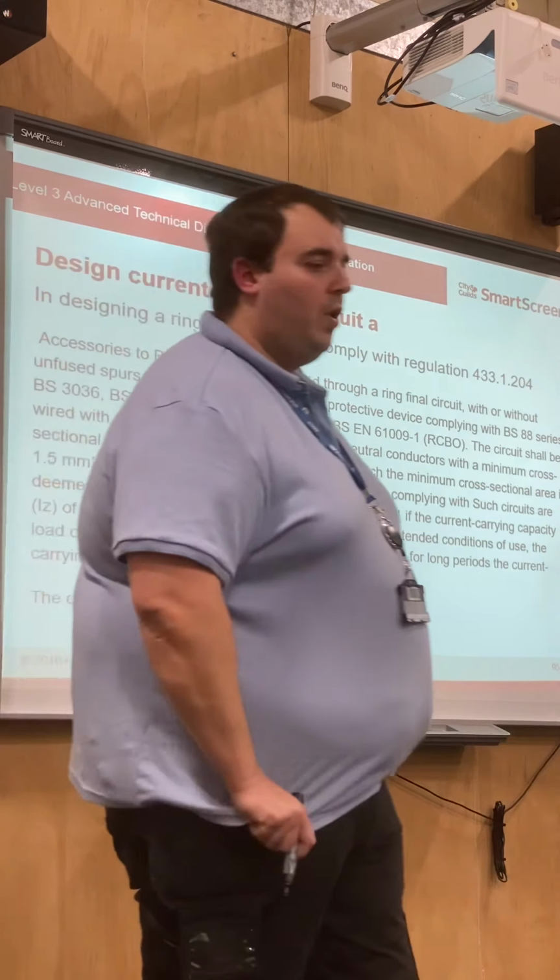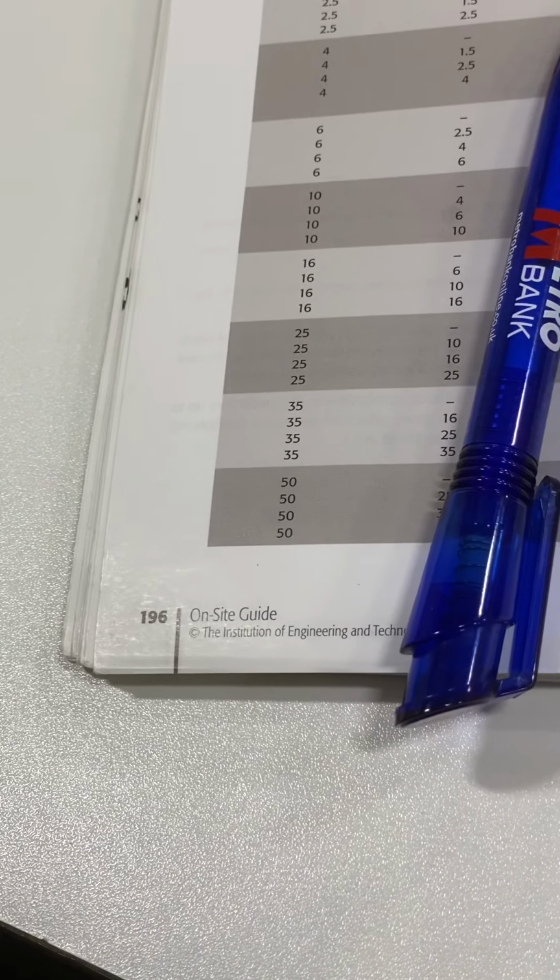We've got table I2 which looks at temperature, and we've got table I3 that looks at the way in which the earth has been grouped. Now, we've already taken temperature into consideration when selecting this size of cable, so we don't have to include it again. But what we do have to include is from table I3, the grouping of it.